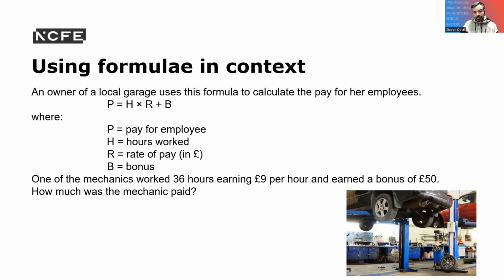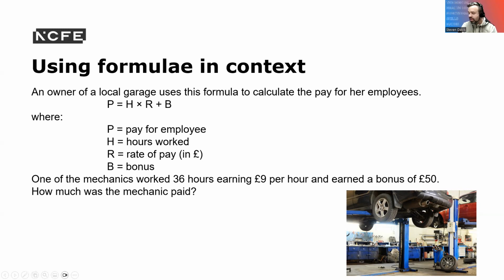Using formulae in context then. The owner of a local garage uses this formula to calculate the pay for her employees. Pay is the pay for the employee: hours worked times rate of pay in pounds sterling plus bonus. One of the mechanics works 36 hours, earning £9 an hour, and earned a bonus of £50.